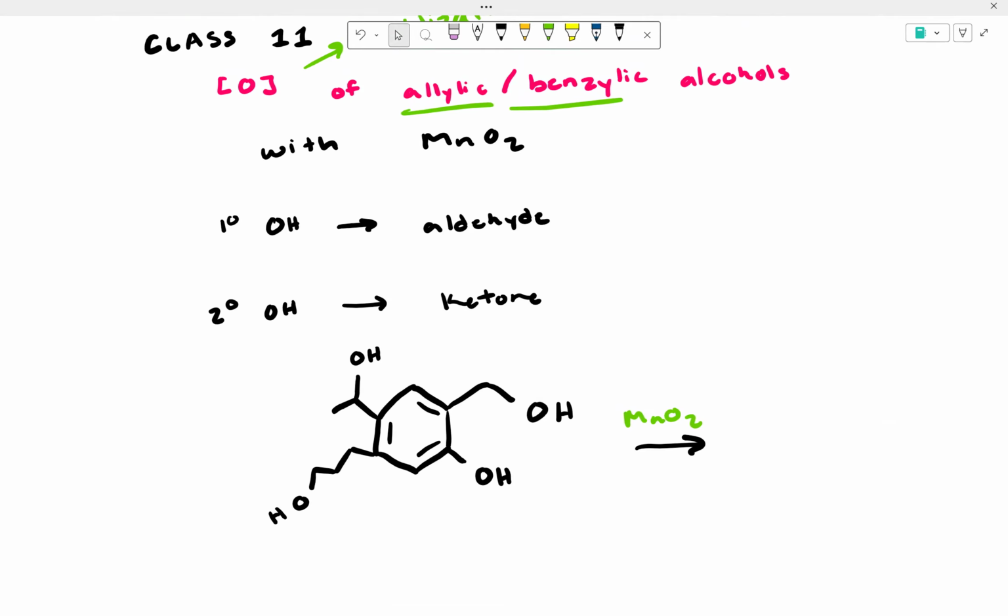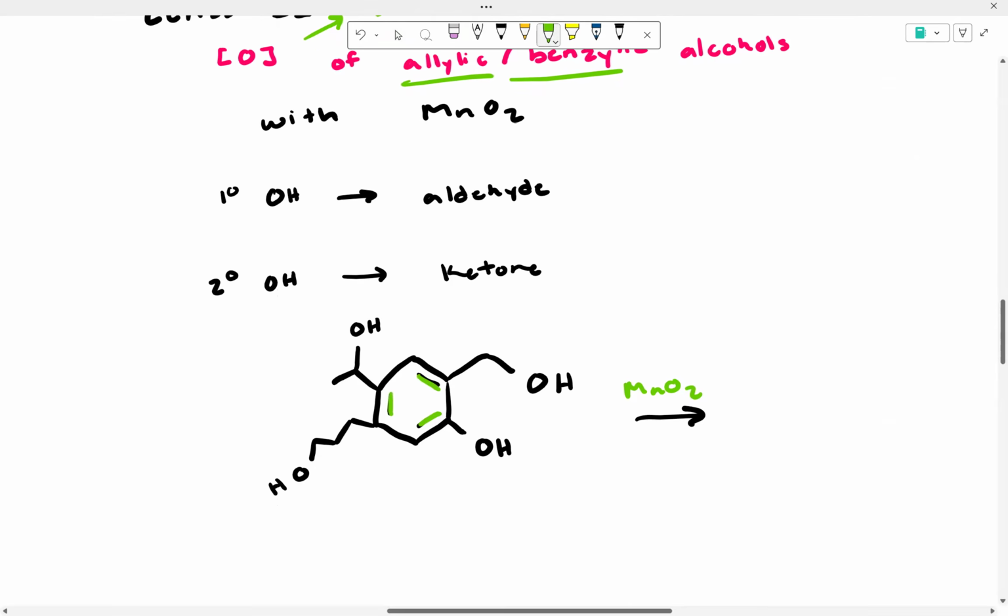So down here we have a benzene with 4 alcohols attached to it. So we can look at each one. An allylic carbon is a carbon adjacent to a pi bond. I have 3 pi bonds. Let's look at each one and see if there's an adjacent carbon to my pi bond connecting to my alcohol.